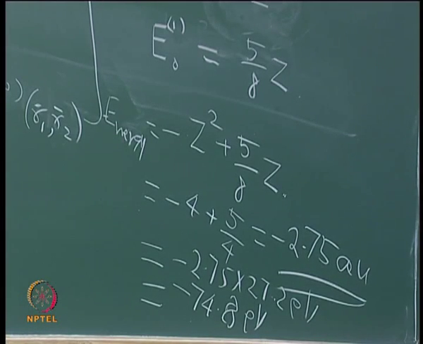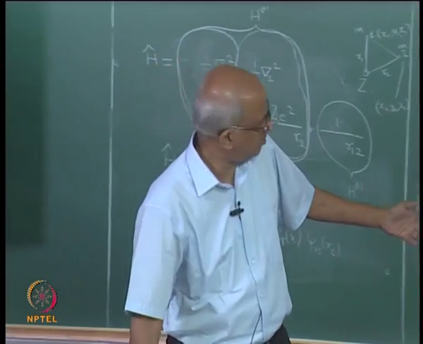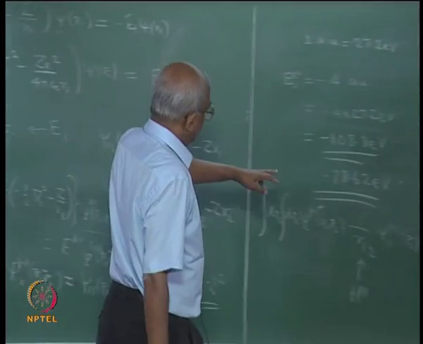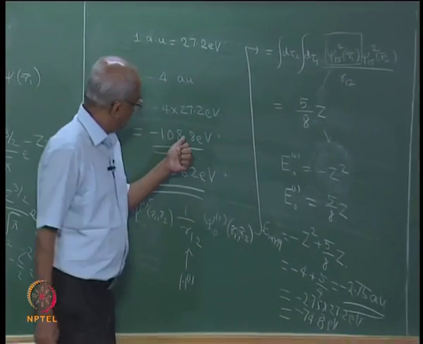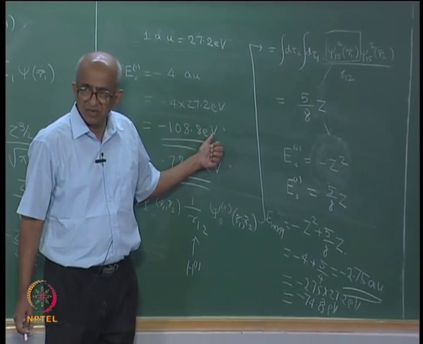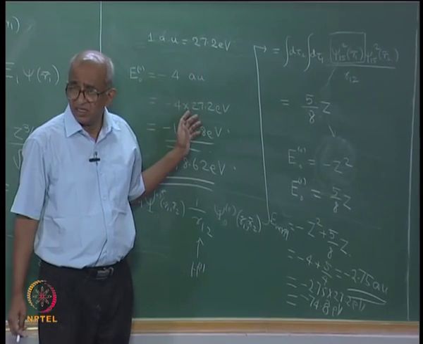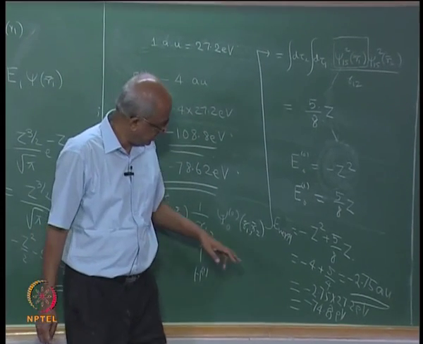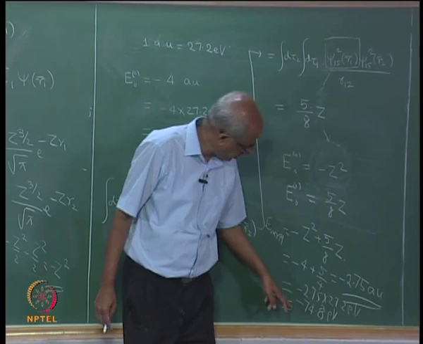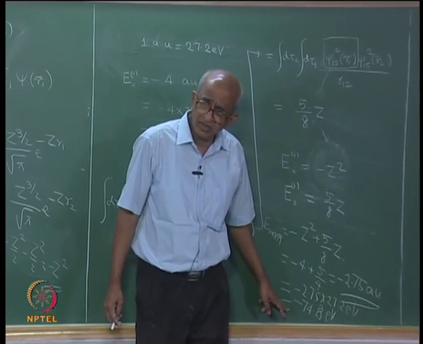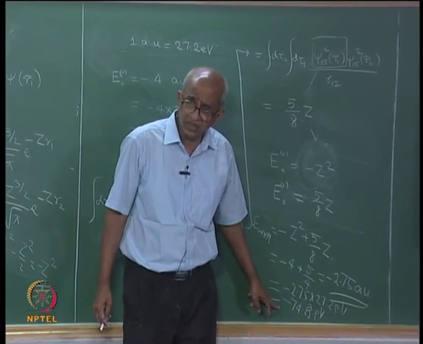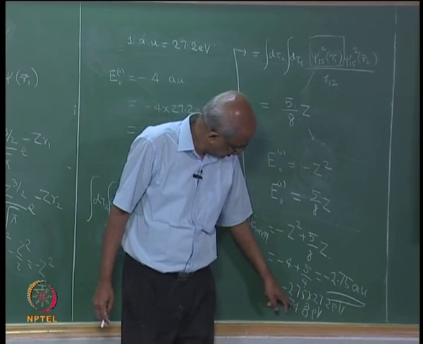And now you can compare this number with the experimental value. The experimental value is minus 78.62. The unperturbed Hamiltonian had an eigenvalue which was far away, a huge amount of error, but the first order correction to the energy calculated using perturbation theory gives minus 74.8.